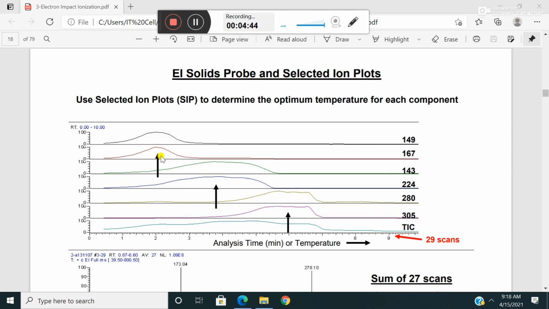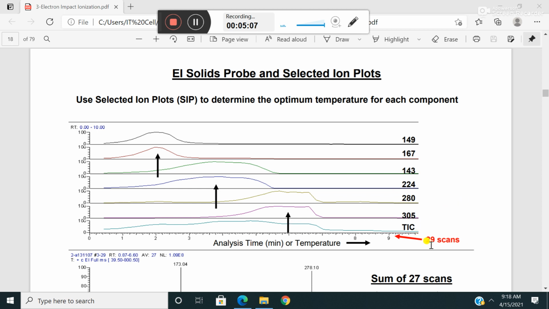But some components need very little energy, and when they reach the excited state, that will be followed by their dissociation and fragmentation. For some components, the temperature would be high. That's why they would give the molecular ion peak at a very high temperature.